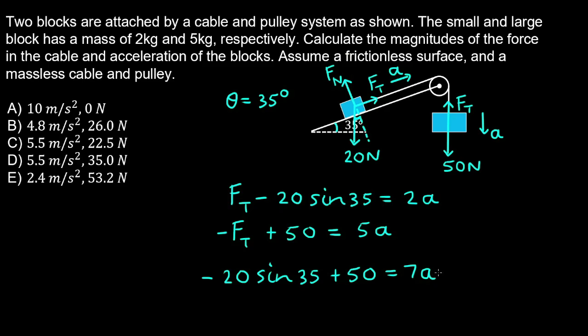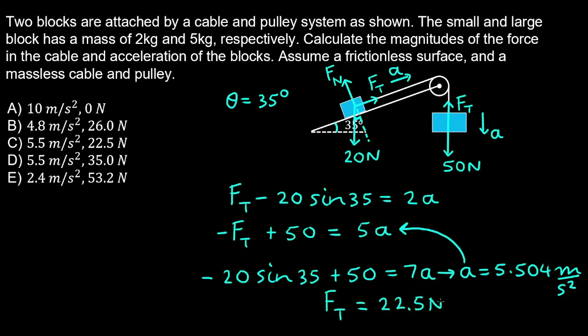So if we solve for the acceleration, we get 5.504 meters per second squared. And if we substitute this into this equation, we get the magnitude of the tension force, which is 22.5 newtons. So the correct answer is C.